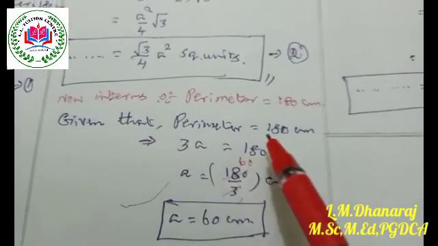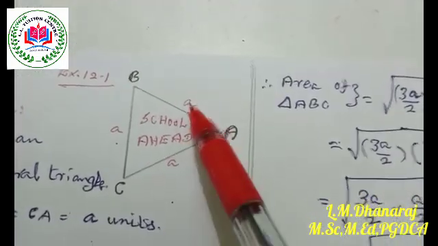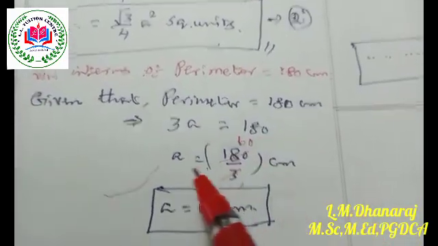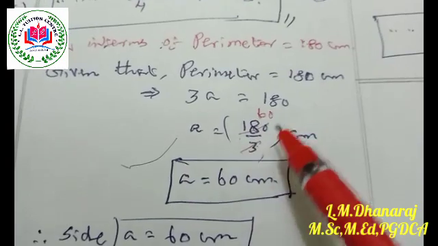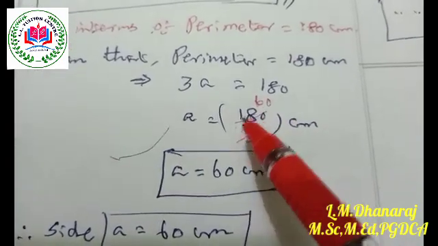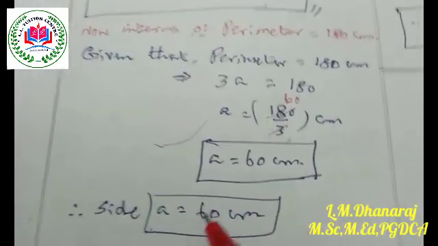Now let us find out the area in terms of the perimeter. So perimeter is equal to 180 centimeter, that is addition of all the three sides. So a plus a plus a, which is equal to 3a, is equal to 180 centimeter. Therefore a is equal to 180 centimeter divided by 3. So 3 sixties. So the side a is equal to 60 centimeter.